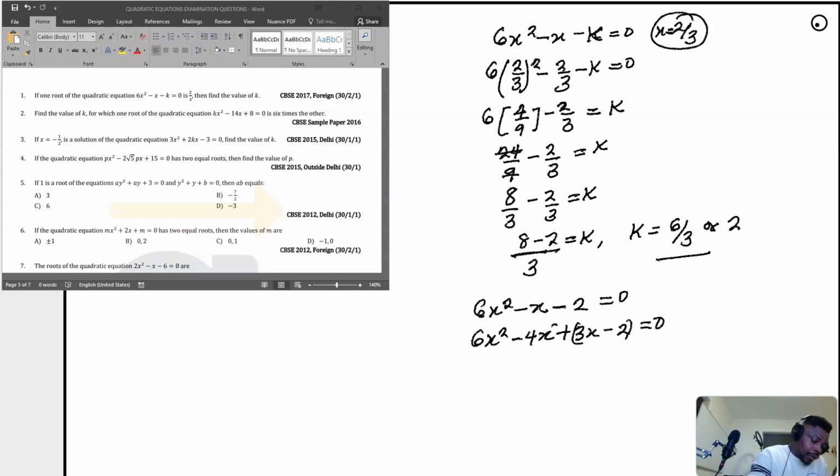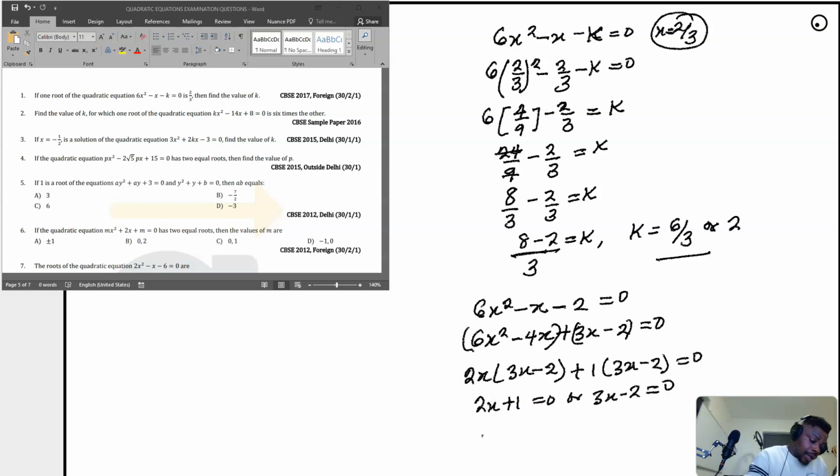So if I factorize this one, this is 2x, this is 3x minus 2, and this is 1, 3x minus 2 is equals to 0. So this is 2x plus 1 is equals to 0, or 3x minus 2 is equals to 0. So here x is equals to minus 1 over 2 or 2 over 3.